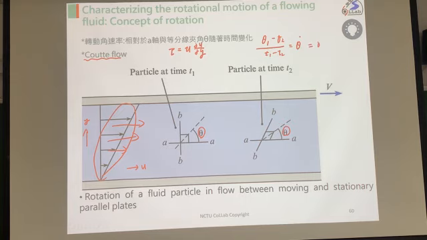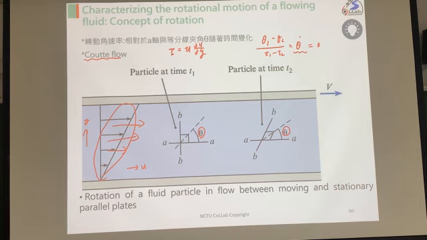And if the theta rate is equal to 0, that means the flow is not rotational flow. If the theta rate is not equal to 0, that means the flow is rotational flow. Okay, so the idea is, can we compute the theta rate? If we can, we can identify whether the flow condition is rotational or not.